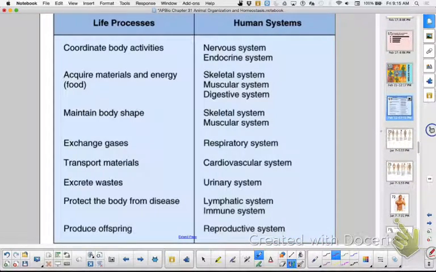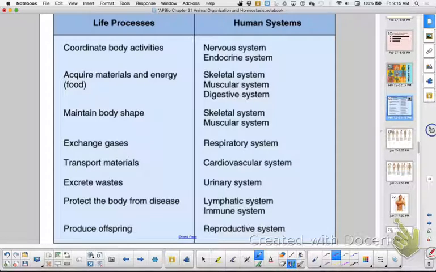So there are really good summary tables that you have. I gave you one here, but on your introduction, an organ is composed of two or more types of tissues working together to perform a particular function. And I said structure fits function up there at the top. These tell you the different life processes and what systems primarily contribute to them.